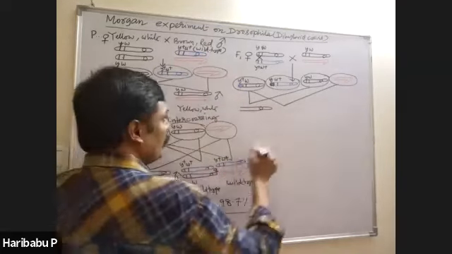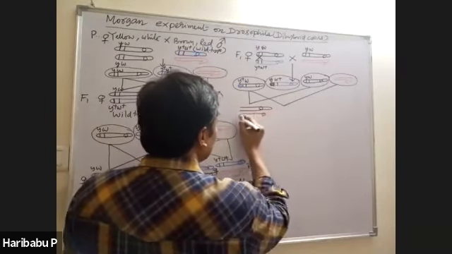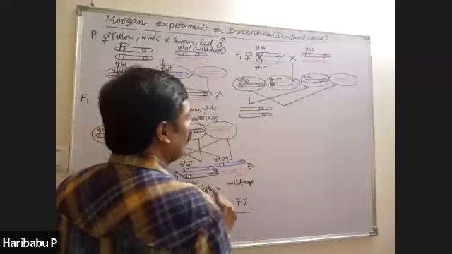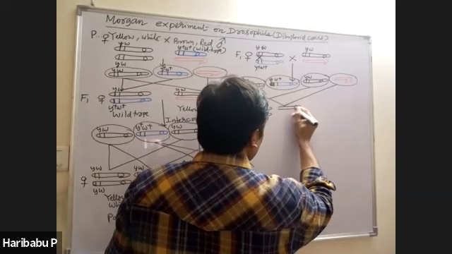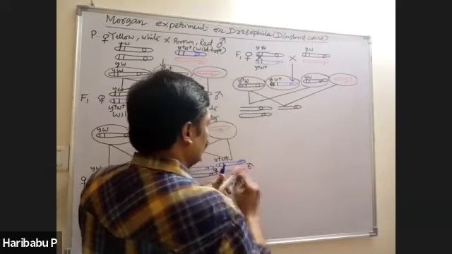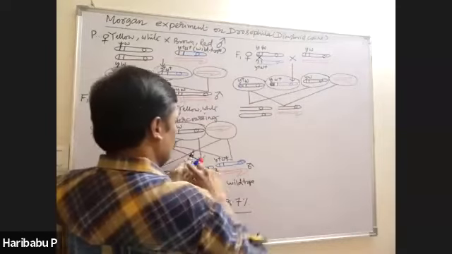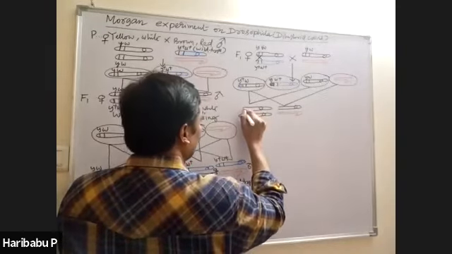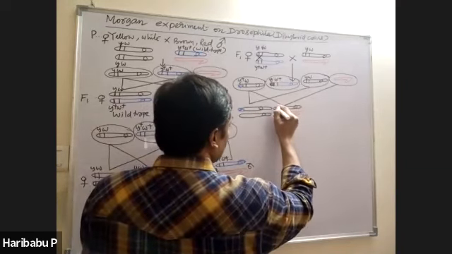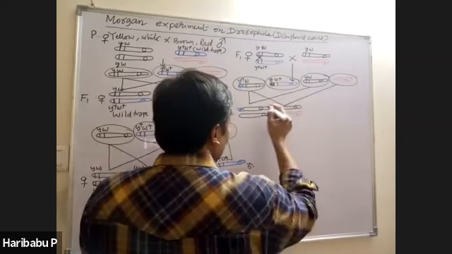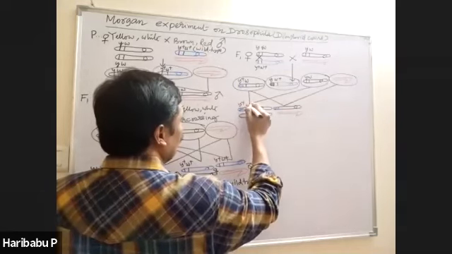Okay. And similarly, this one. And then again, okay. And similarly here also. Therefore, the genes are Y plus W plus.